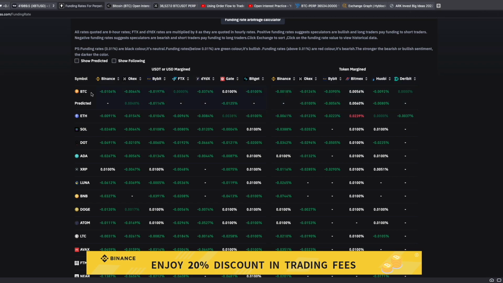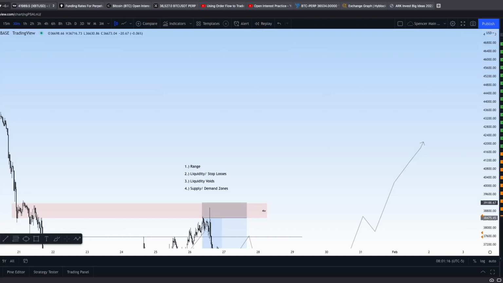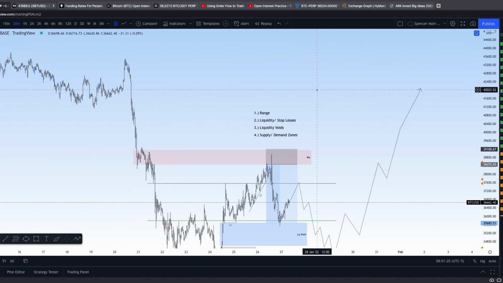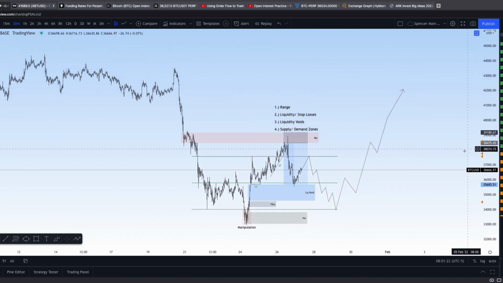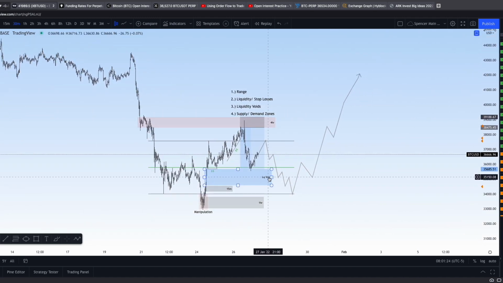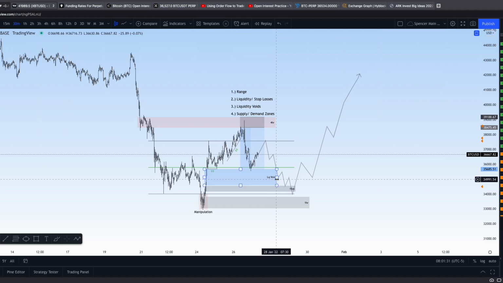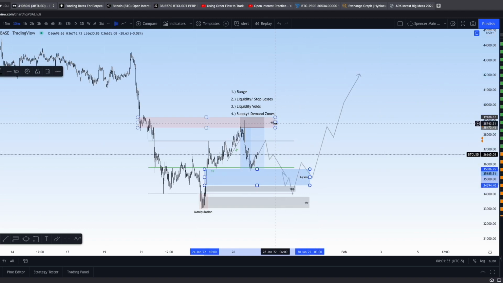A lot of shorting, basically negative funding across the board. So if I was to guess, that would be what I would assume, but I won't be taking any trades until price action comes to points of interest, such as this demand zone, this 15-minute, filling in this void right here, or maybe retapping this supply zone.